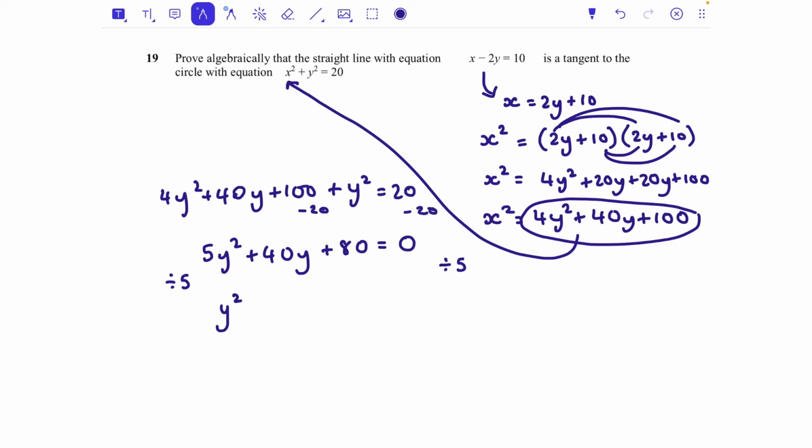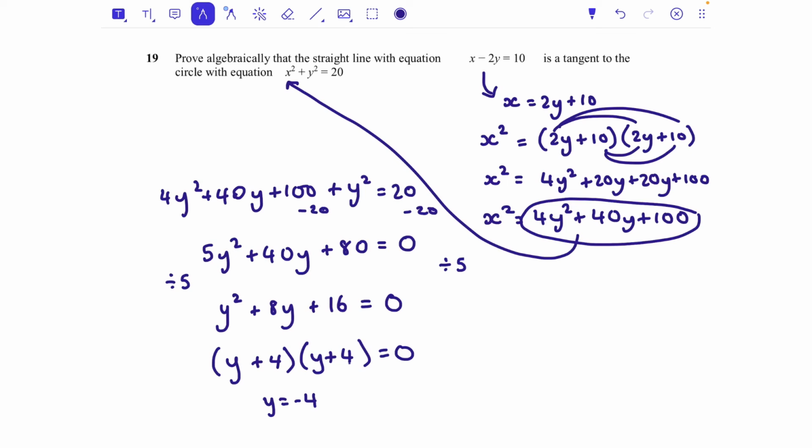So y squared add 8y add 16 equals 0. And to factorise that, we would do y add 4, y add 4. So lo and behold, we can see that y equals minus 4 is the only solution. Let's just go ahead and complete this by putting it back in. So I'm just going to use this. x equals 2 lots of y add 10.